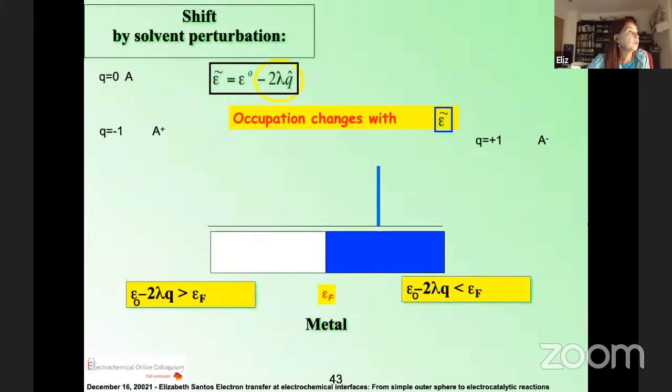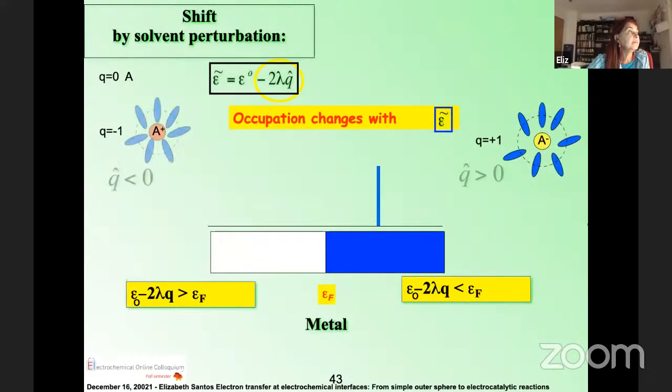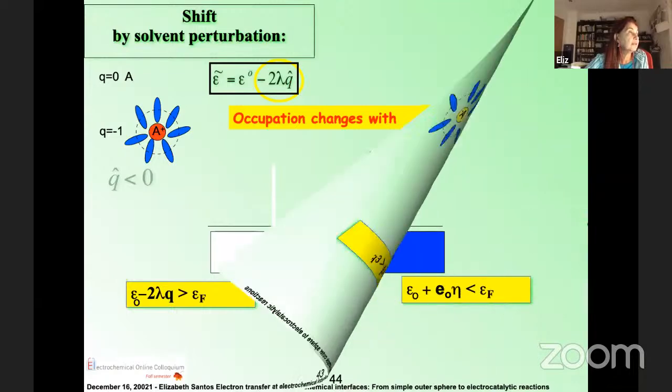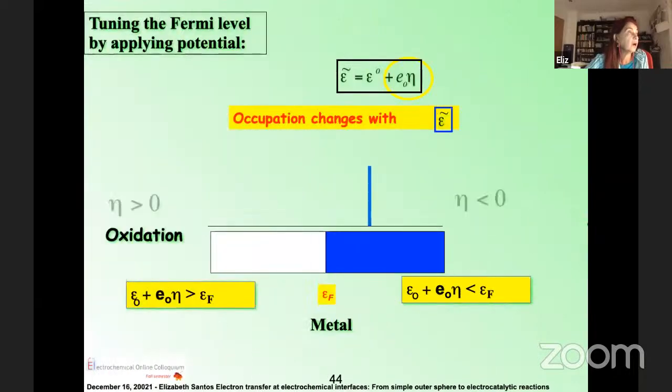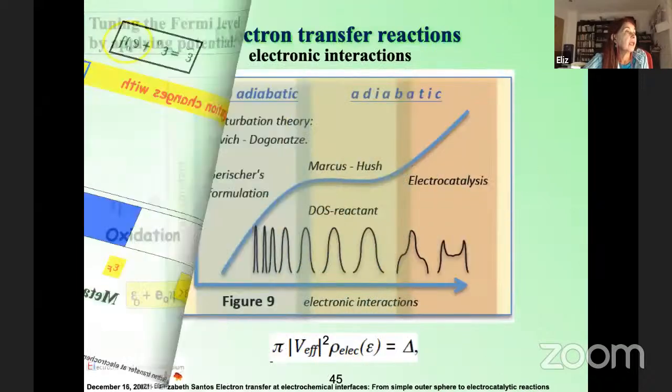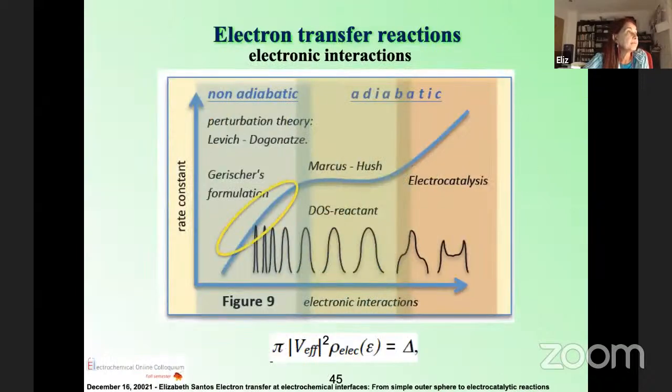With this state dependence, this variation of the solvent can produce the occupation, and also in the case of the potential, we can move the position of the electronic level of the reactant.